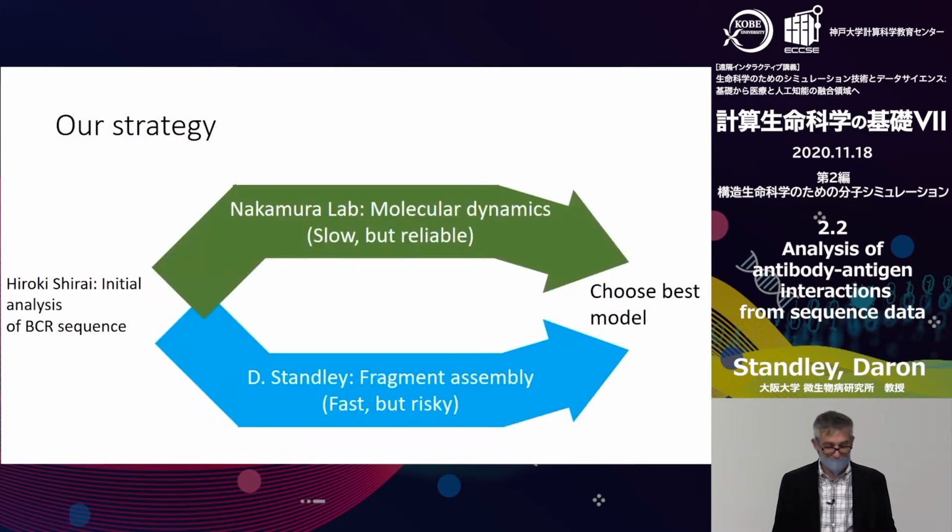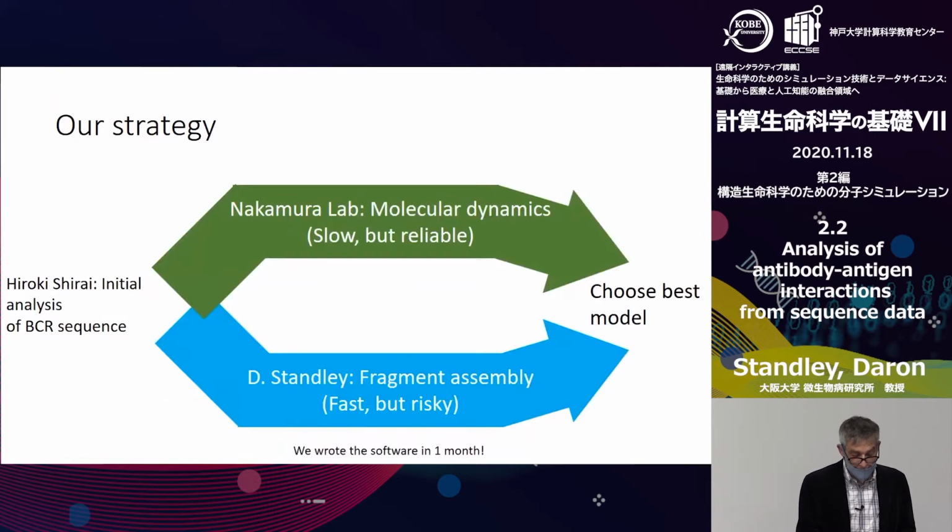So our strategy was actually to make a redundant approach. My team and the Nakamura team would independently predict models for each target, and then we would choose the best models by looking at them and discussing them in very intense meetings. I didn't have a method to predict antibodies, so I had 1 month, and we wrote some software to predict antibodies.